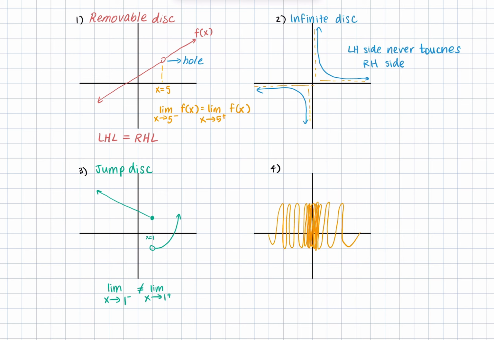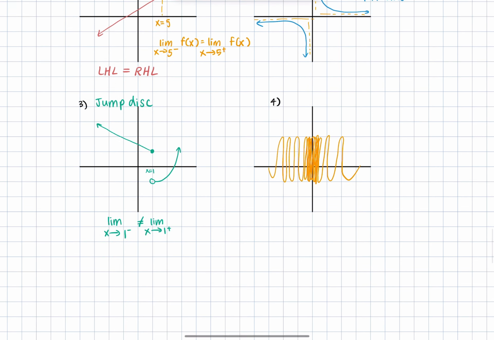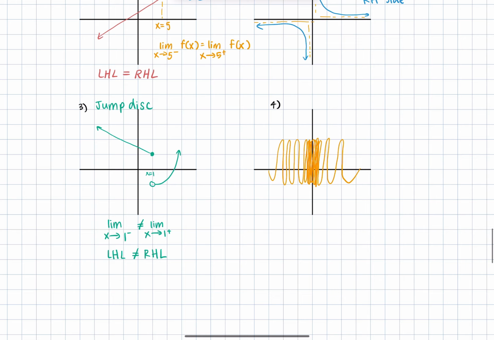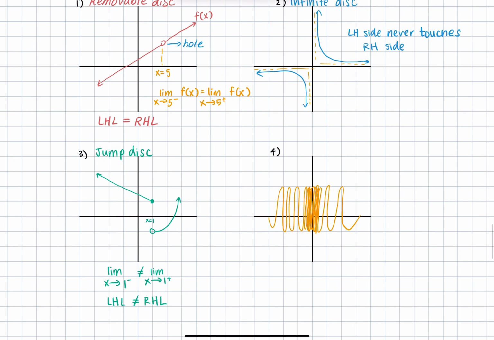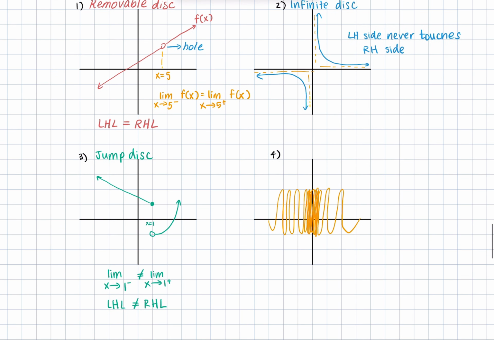And the difference between a jump discontinuity and a removable discontinuity is that the left-handed limit equals the right-handed limit in a removable discontinuity, but in a jump discontinuity, the left-handed limit does not equal the right-handed limit. That's our biggest differentiator. Our last type is going to be called oscillation.